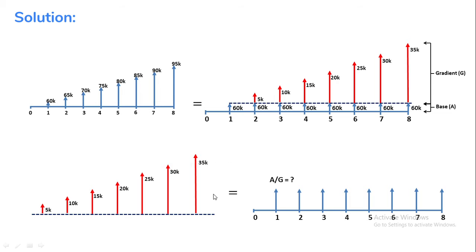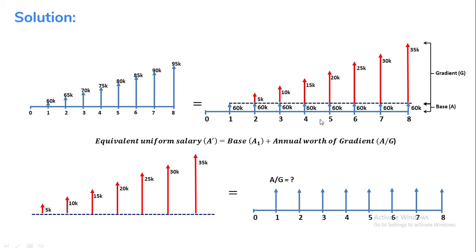So our formula now is the equivalent uniform salary A prime is equal to base A sub 1, which we already know is 60k, plus the annual worth of the gradient. So we need to first solve this and convert this into this.